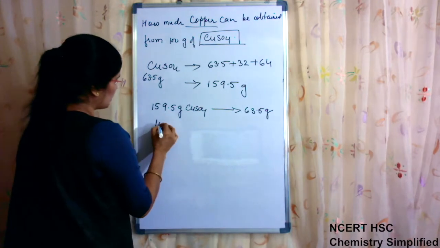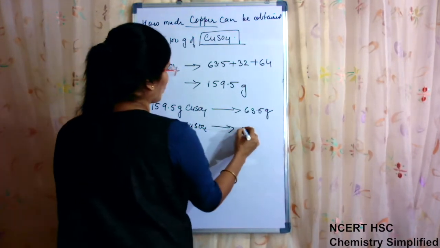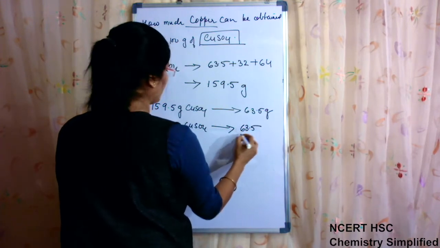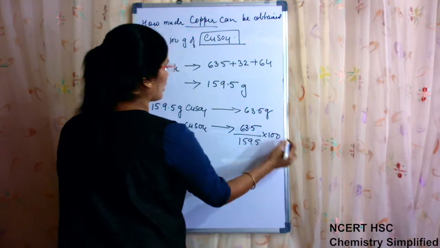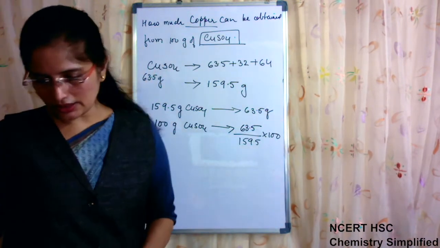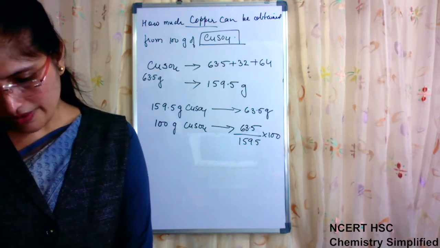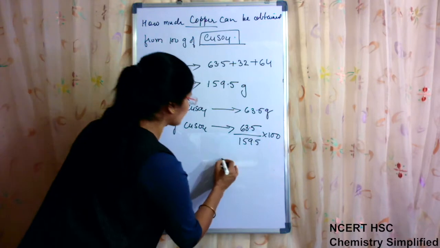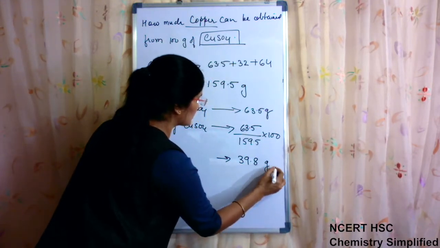So from 100 grams of copper sulfate we can obtain 63.5 upon 159.5 into 100. That comes nearly 39.8 grams.